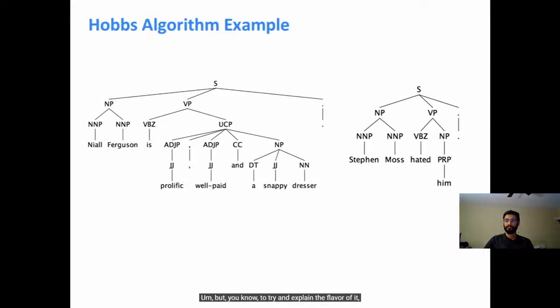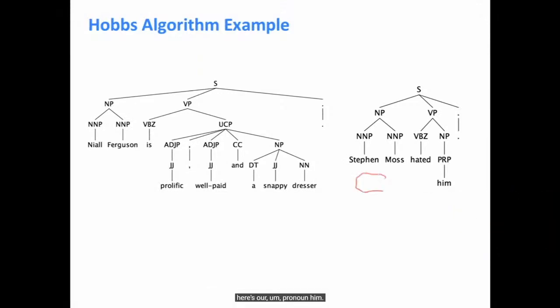But you know, I don't really want to go into the details of this, but to try and explain the flavor of it, here's a piece of text. Niall Ferguson is prolific, well-paid, and a snappy dresser. Stephen Moss hated him. And so if you can remember any of the steps of that algorithm, here's our pronoun him.